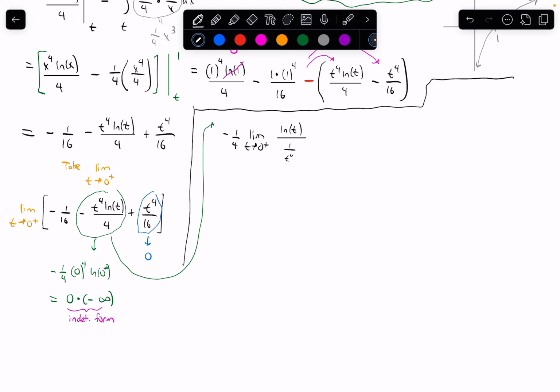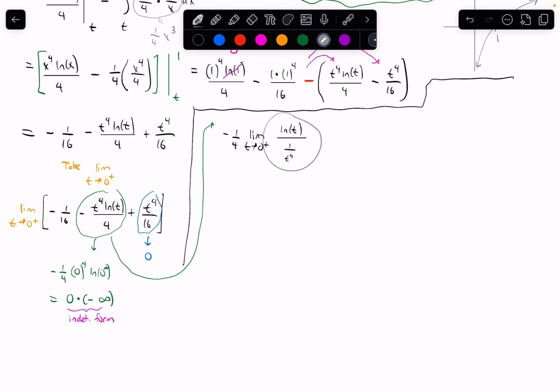And when I do that, it gets reciprocaled. I'm choosing to do that one because I think it's easier to write the reciprocal of t to the 4th, and it's easier for me to think about what this whole thing is going to equal. It's also easier for me to do the derivative of just ln of t versus if I had brought that to the bottom and made it 1 over ln of t. That's just a bit harder to do the derivative of.